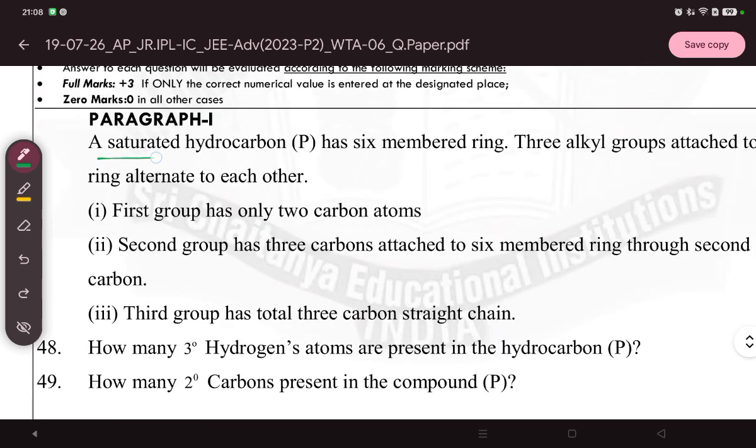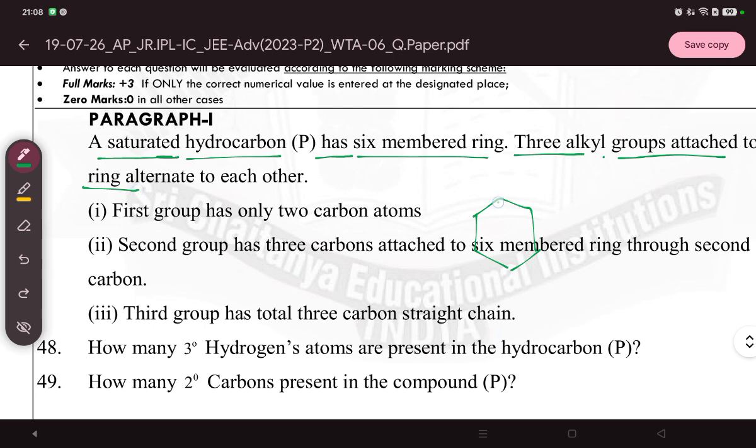A saturated hydrocarbon has a 6-membered ring. 6-membered ring indicates cyclohexane. There are 3 alkyl groups attached to the ring at alternate positions.